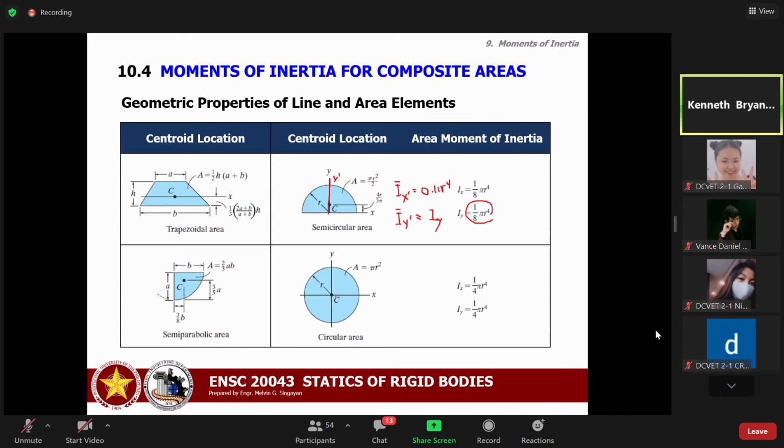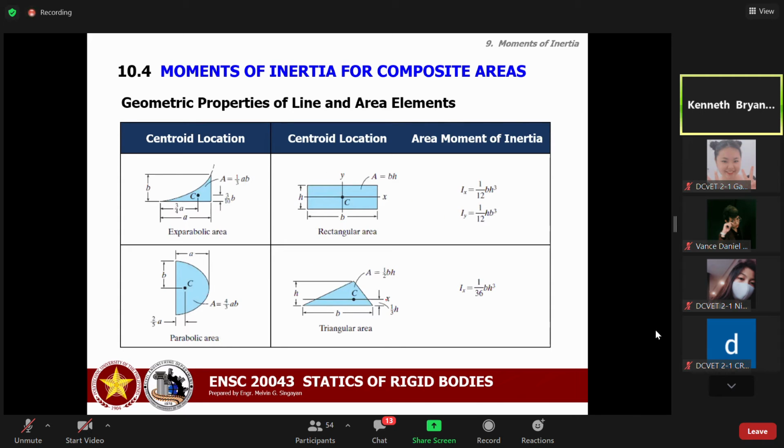Rectangular area, as have been solved, Ix equal to 1 over 12 b h cube, Iy is 1 over 12 h b cube. Then, for a triangular area, that's 1 over 36 b h cube. So yun lang. If you want to derive these formulas, you can derive it using integration.